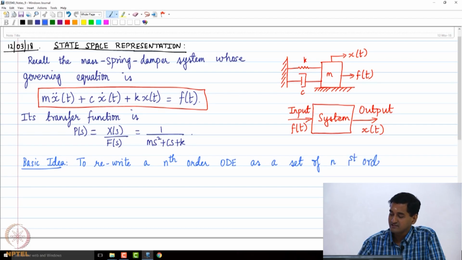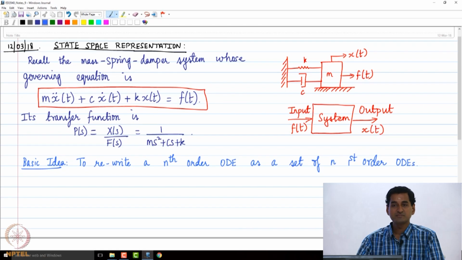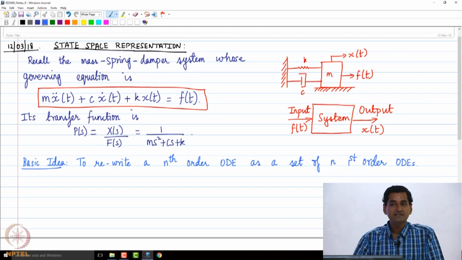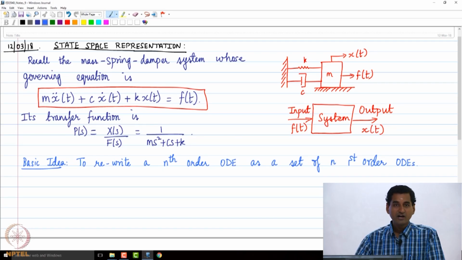That is the basic idea behind the state space representation. So, you give me an nth order ODE, can I rewrite it as a set of n first order ODEs? That is a question we are going to ask ourselves. The answer is it is possible. We are going to see how.